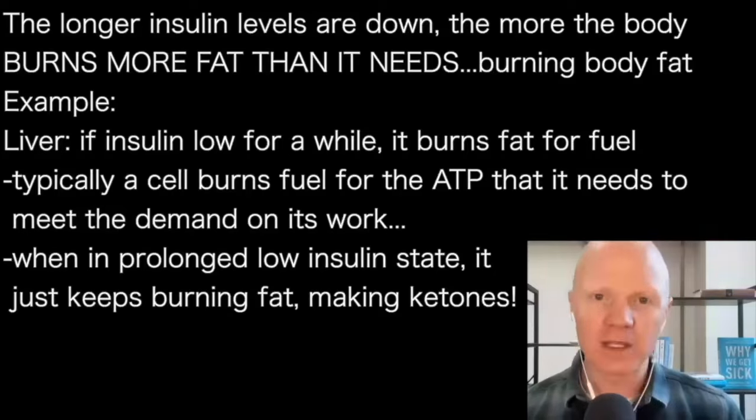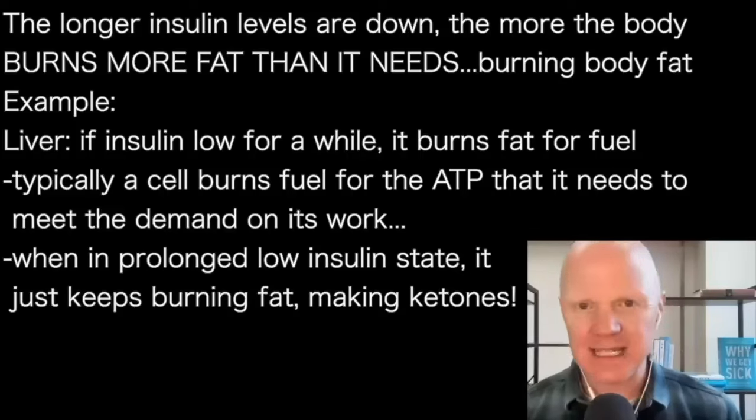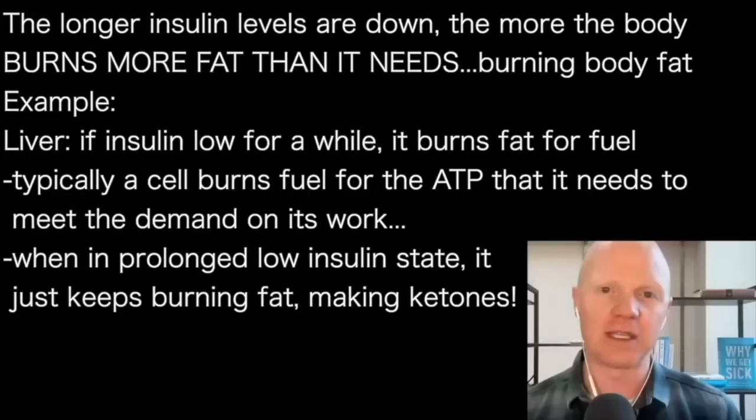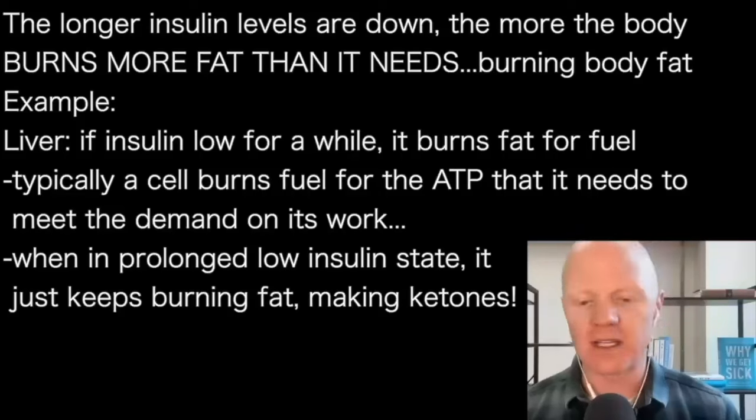Normally, a cell will burn as much energy as it needs. To say that another way, the cell will burn as much energy as it needs to do work. So the cell has a certain work demand, and it will burn enough energy to meet that demand.